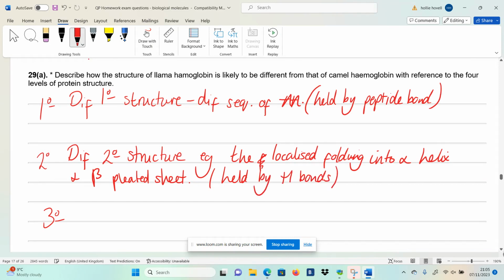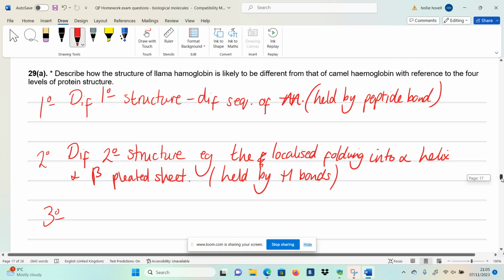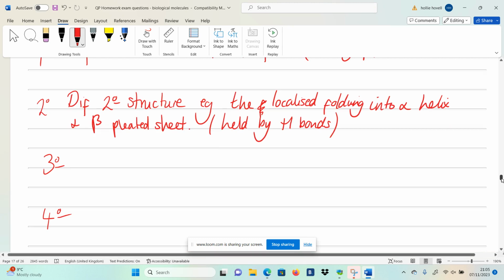Then we can go on to the tertiary structure. The tertiary structure is the biggest one, really. That's the overall 3D shape. If we've got a different primary structure, then that means we've got R groups in different places.